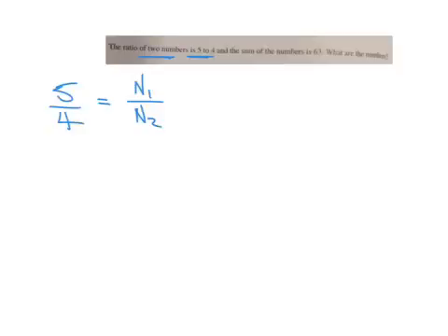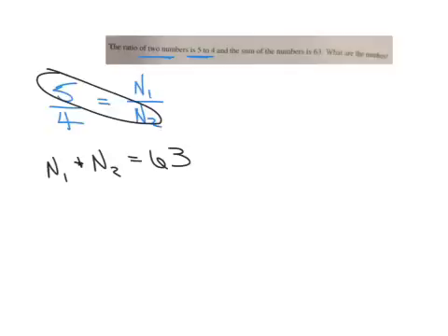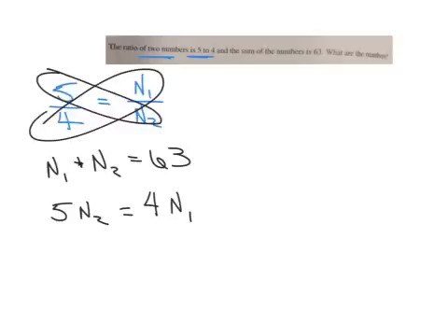Alright, so let's see what else we have. The sum of the numbers, if I took these two and added them together, so n1 plus n2 equals 63. What are the numbers? Well, there's my two equations right there, and now I just have to figure out how to solve it. So what I would do is I would take my ratio here and I would do cross multiplying. So 5n2 equals 4n1.